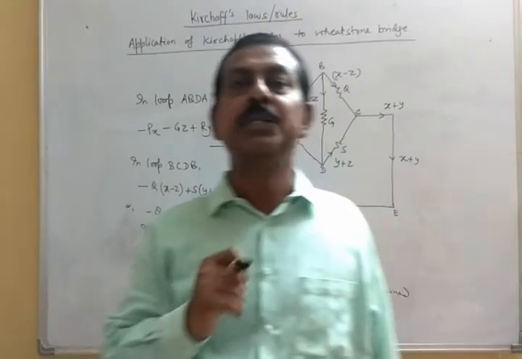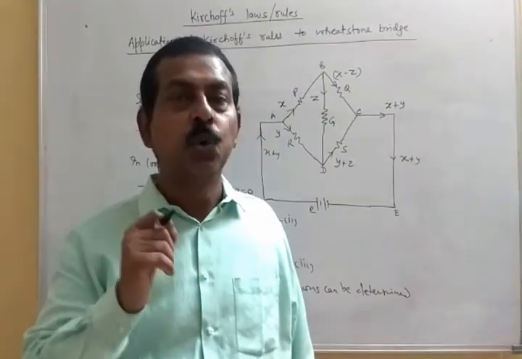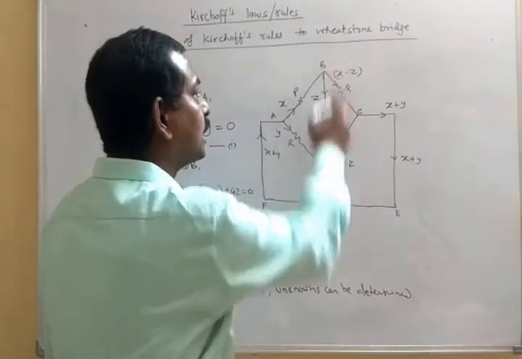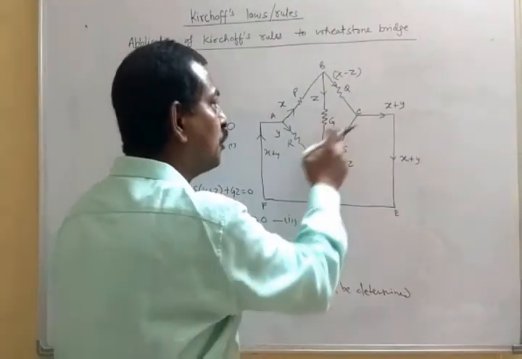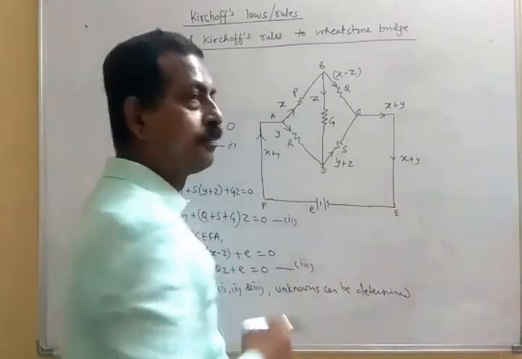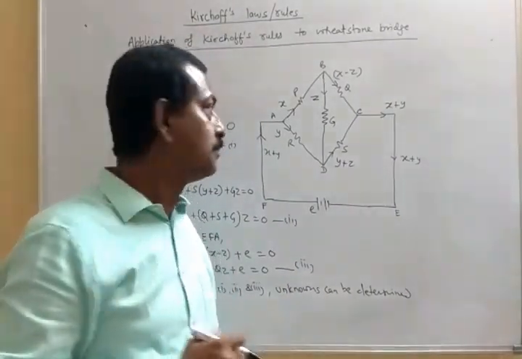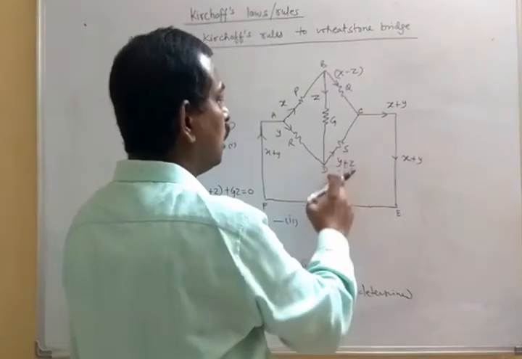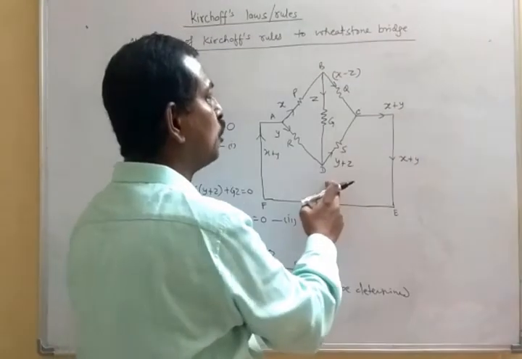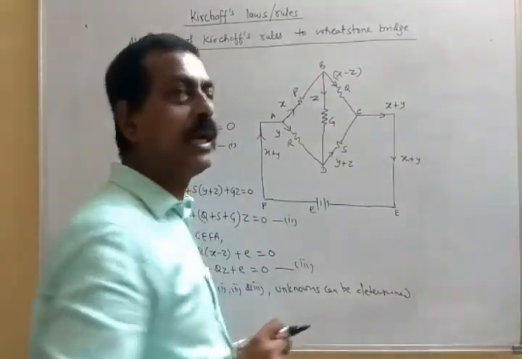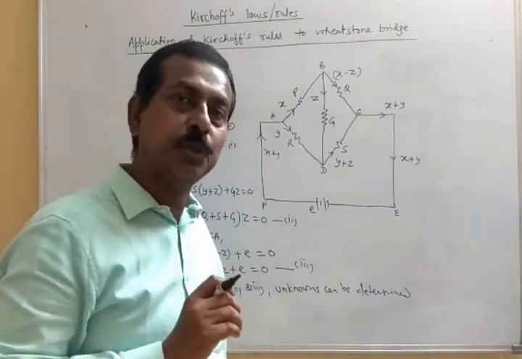In the Wheatstone bridge balanced condition, no current flows through the galvanometer arm. This BD we call the galvanometer arm because we connect a galvanometer in this arm when we are using the Wheatstone bridge as a practical circuit. So in the balanced state, no current will flow through this arm because the potential difference across B and D will be 0.